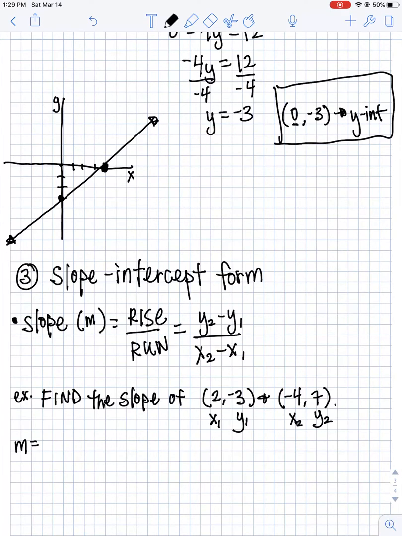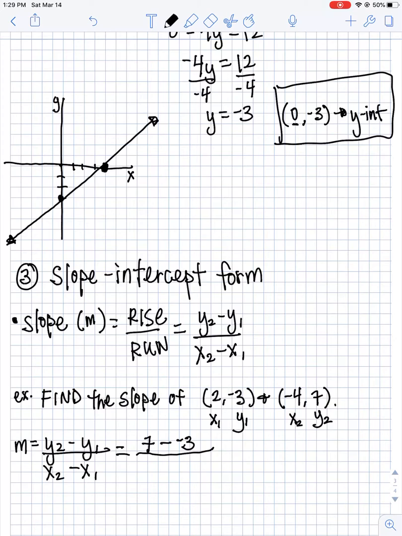So if I go back to my formula, slope equals y2 minus y1 over x2 minus x1. We would plug in and we would get y2, which we called 7. The formula says to subtract y1, which is a -3. And I know minus and a negative is tacky, but I'm going to write it because the formula says to subtract and then the number is negative, okay?